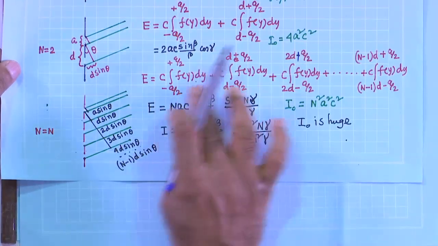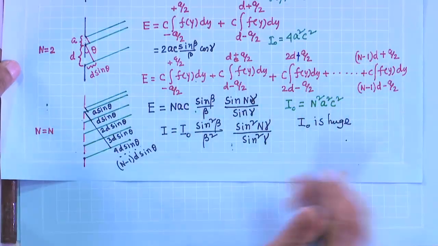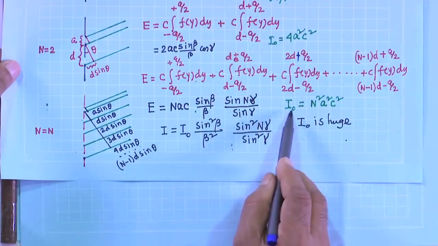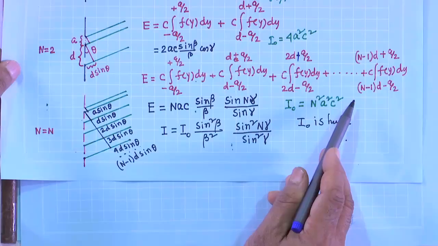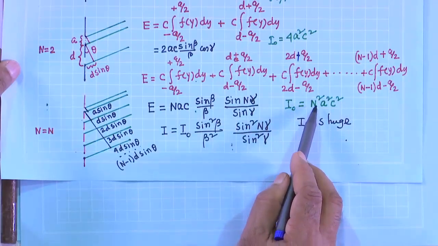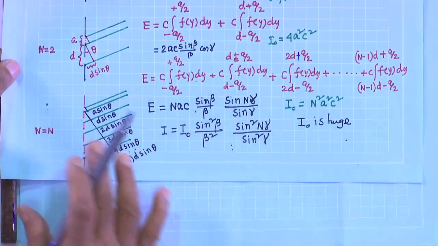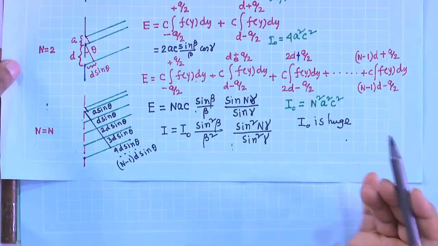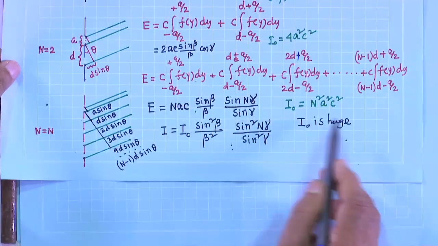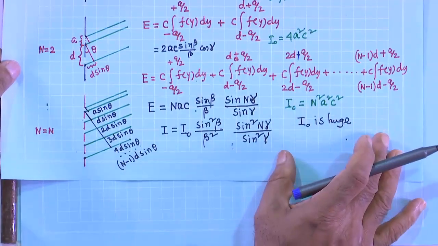If you proceed, it is easy to do, and you will get this. So your I0 is n squared a squared c squared. Generally, for n slits the n value is very large, so that is why I0 becomes very large.